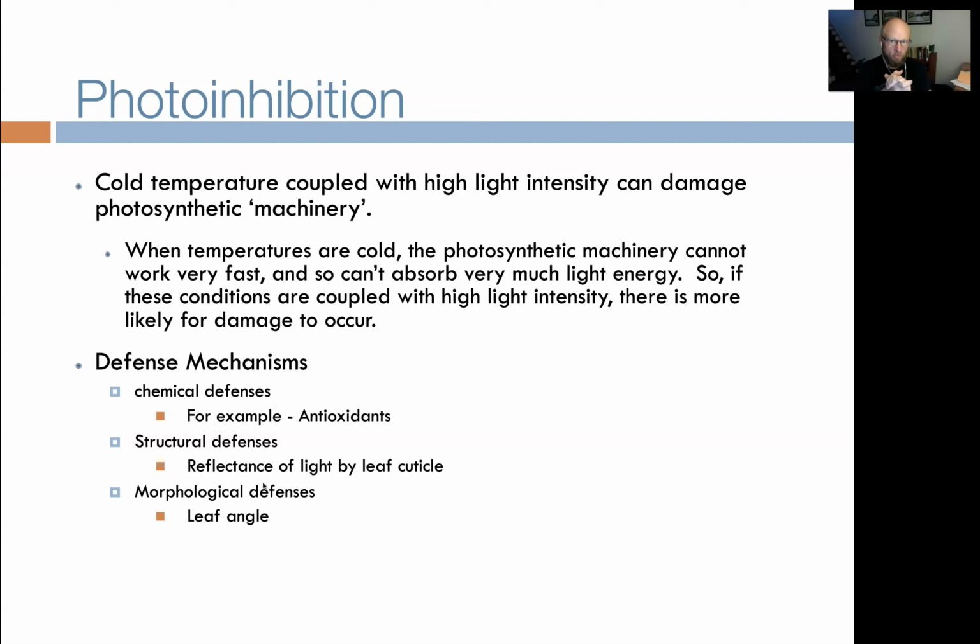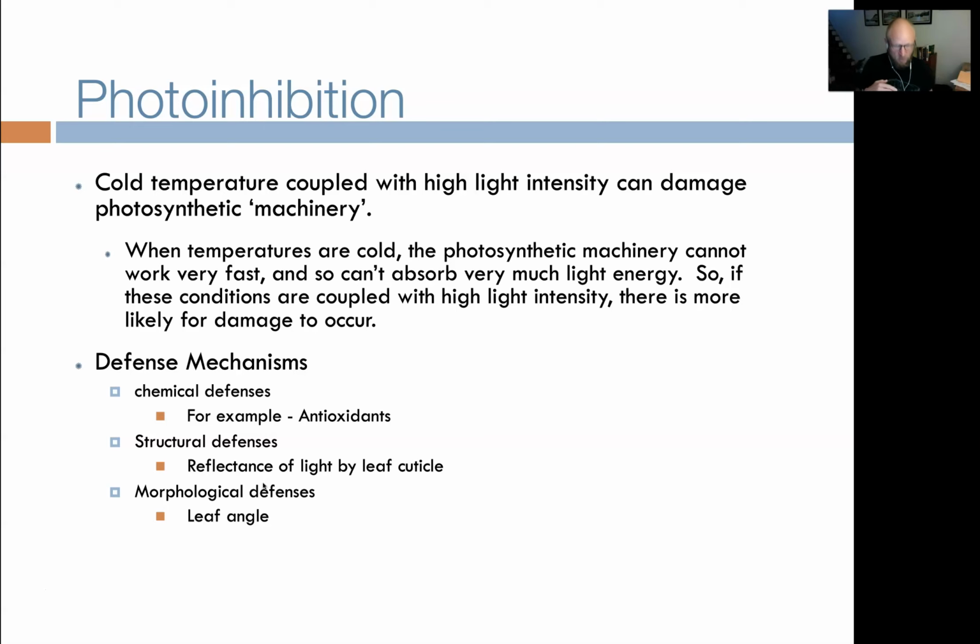And then you have morphological defenses. And this morphology is the growth pattern of the plant. And what we're talking about here is leaf angle. So we did a whole lab on leaf angle showing how leaves at a steeper angle relative to the light coming in are going to warm up less than a leaf that's perpendicular to the incoming light. Do you like my hand signals here?